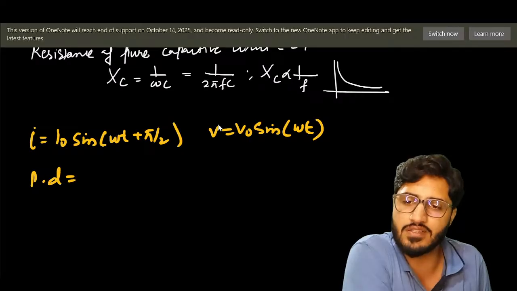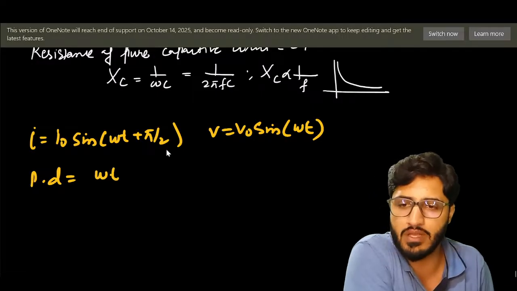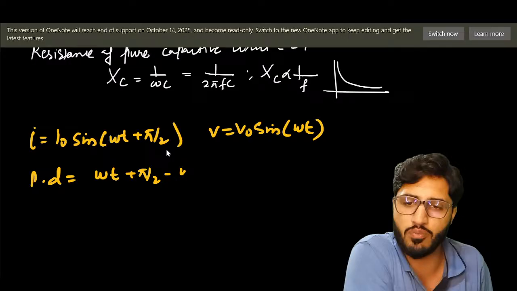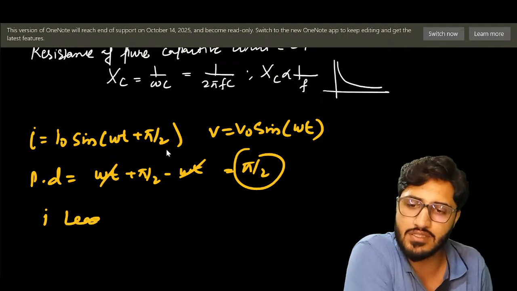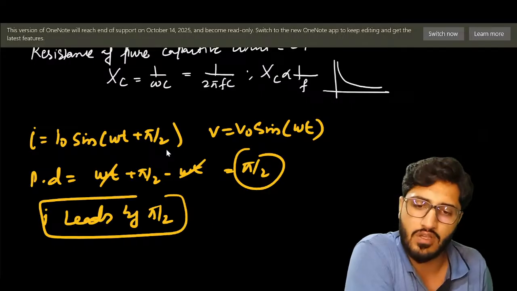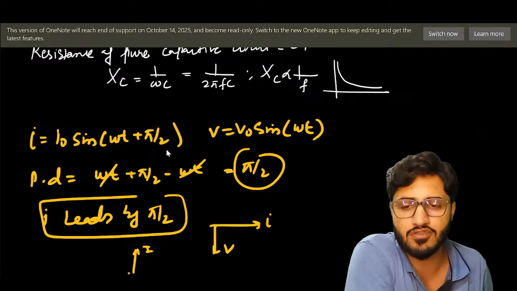If I do I minus V, I is omega t plus pi by 2 minus omega t, cancel out, so my answer is pi by 2, but positive. You can write here, current leads by pi by 2. So if this is my current I, this would be my V.